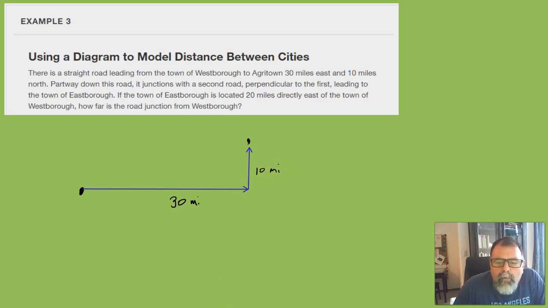And we have a road going straight from the one to the other one. So this is Westboro. This is Agritown.